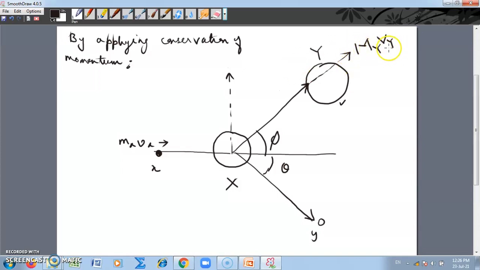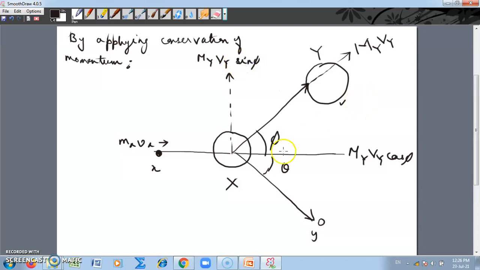If I write this My Vy, this would be in this direction. It would be My Vy cos of phi, and in this direction it would be My Vy sine of phi.